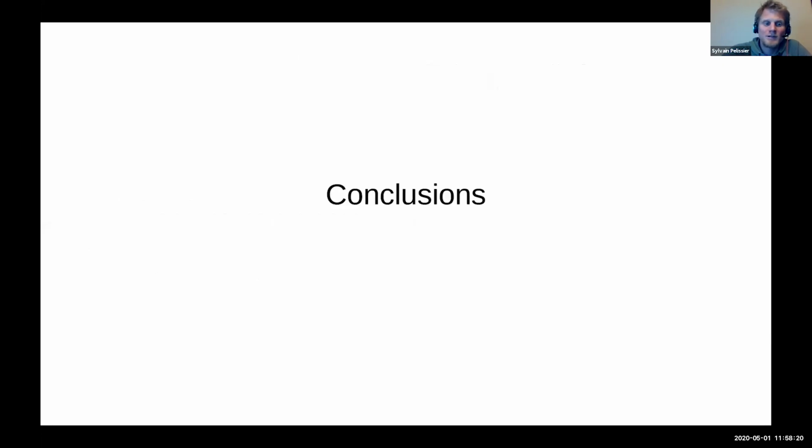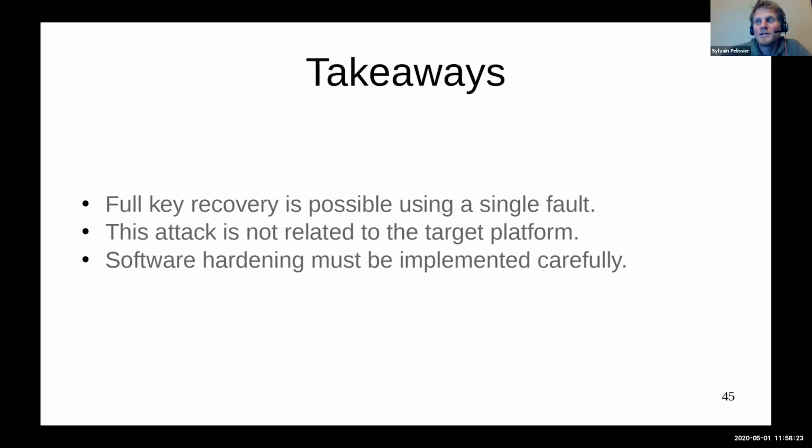So to sum up, we've presented a full key recovery with a single fault against TLS. And what's important is that this attack is not related to the target. If you have an embedded device which uses mbedTLS and which is vulnerable to glitch, then you are able to apply our attack. It will work.